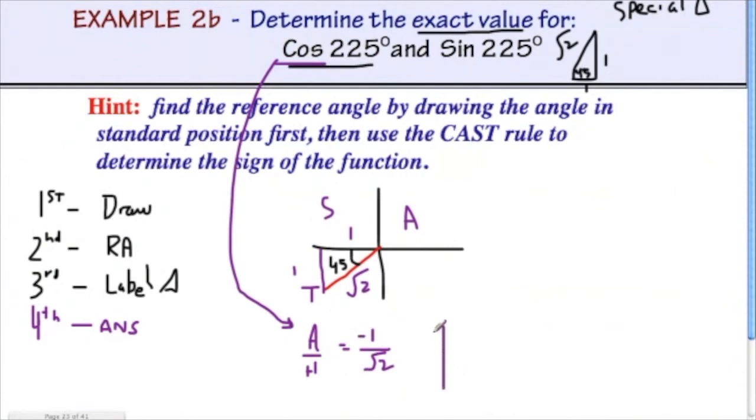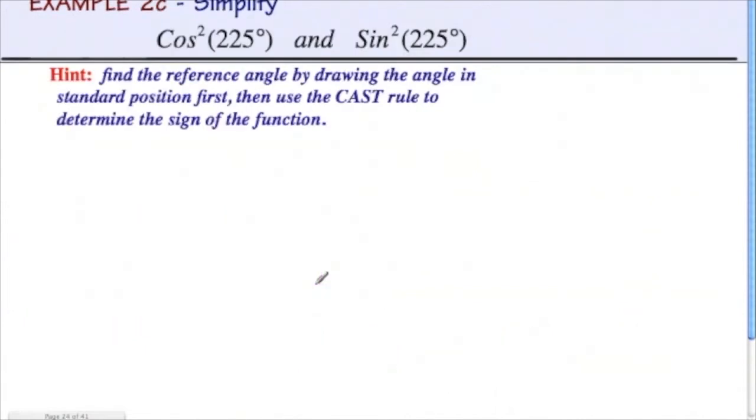Let's do the second part. Now we're doing sine. Sine is opposite over hypotenuse, which is 1 over root 2, and it also is negative because we're in the tan quadrant. Now if you look at this question, you're probably thinking, what's going on with this little 2 here?